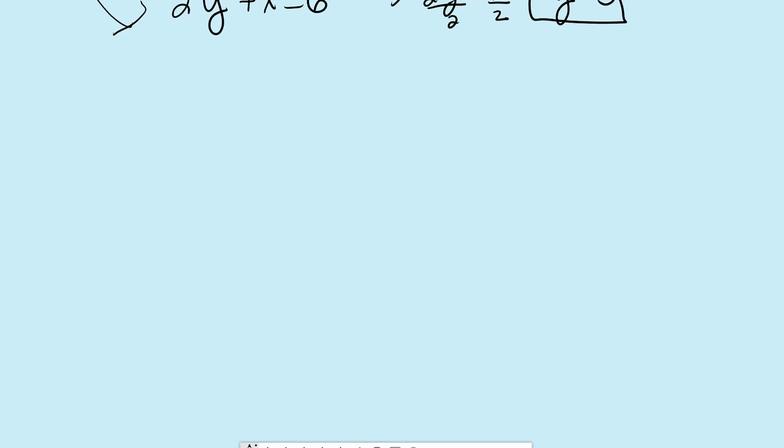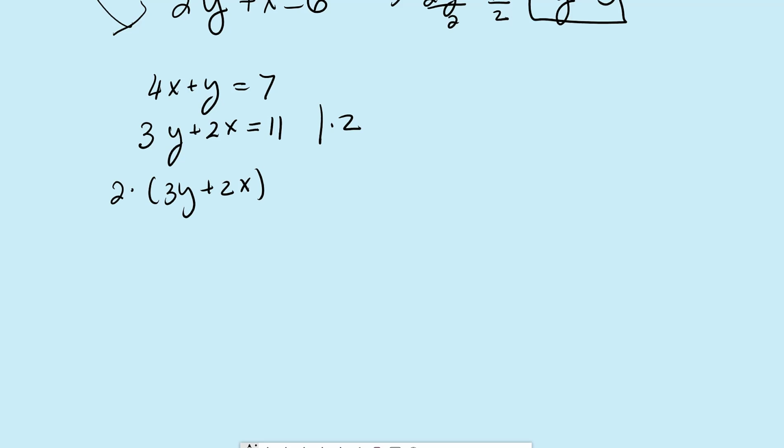Let's look at the example 4x plus y equals 7, and our second equation will be 3y plus 2x equals 11. Okay, so what do we do here? Let's multiply the second equation by 2. Okay, so if we multiply this second equation by 2, we get 2 times 3y plus 2x equals 2 times 11.